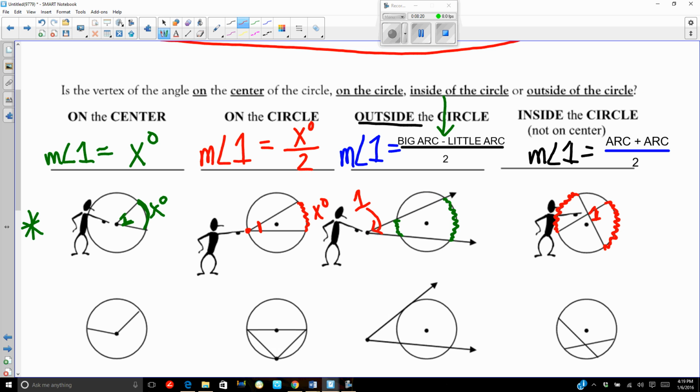A really handy way to remember which one has the addition sign is, if you actually look in the diagram right here, this actually looks like a plus sign on the inside of the circle. So that's a way that I use that helps me memorize this formula. If there's a plus sign in the middle of the circle, you're going to use this formula right here.